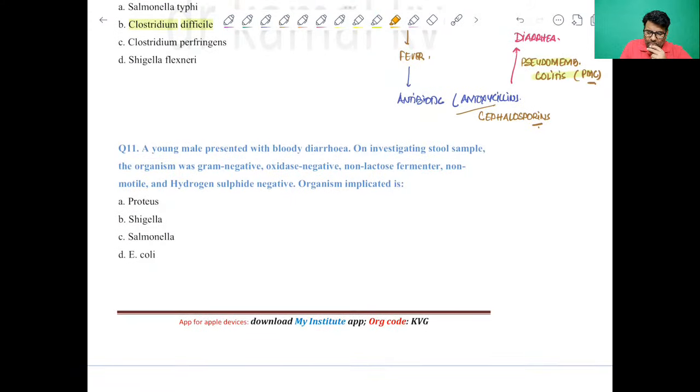Next question, a young male presented with bloody diarrhea. It means there is passage of blood along with the stools, and when the stool samples were evaluated, the bacterium was gram negative, oxidase negative, and most importantly non-lactose fermenter, then non-motile and non-H2S producing, so non-hydrogen sulfide producing.